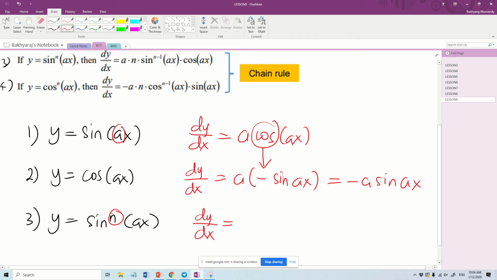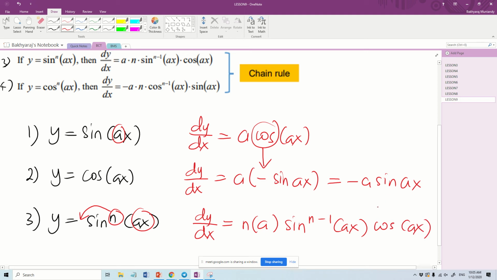When we have a power, the power must be brought down. So we have n, then sin, and we differentiate whatever is inside. Differentiating ax, you get a. So you get times a, and then sin to the power n minus 1, because the power always goes down by 1, of ax, and differentiating sin, you get cos ax.